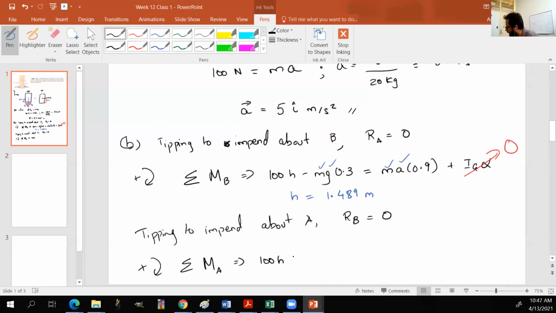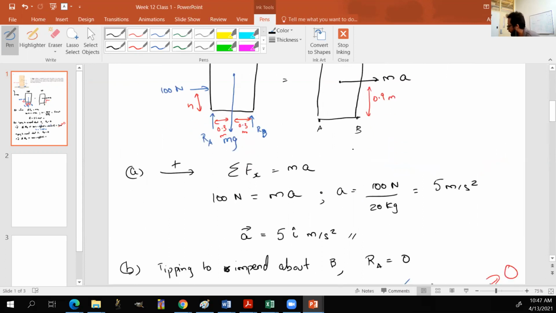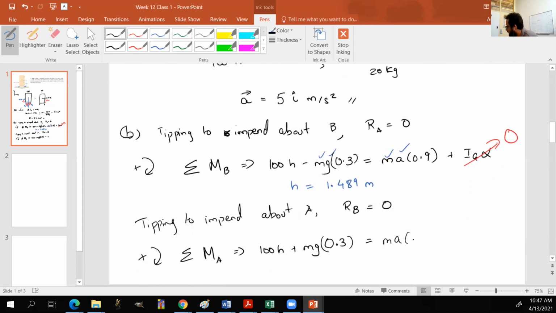So you'll get plus mg times 0.3 meters, the perpendicular distance remains the same. And that's equal to ma times 0.9, which is also a clockwise moment, so positive.